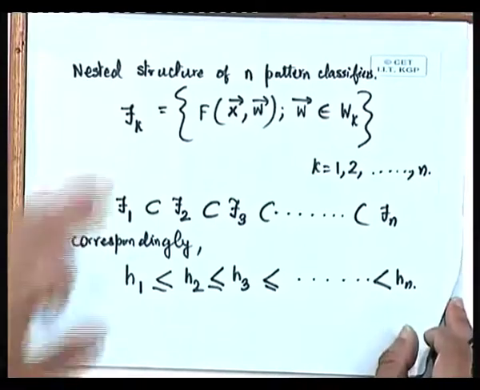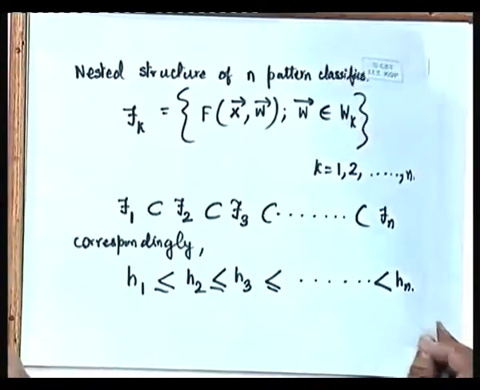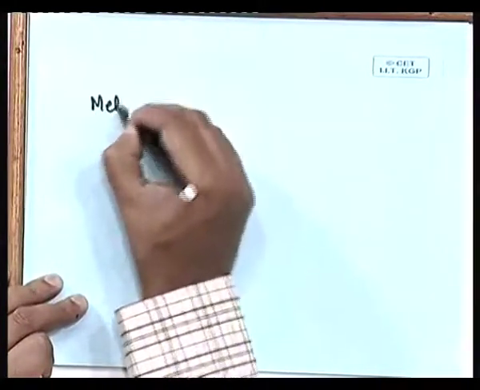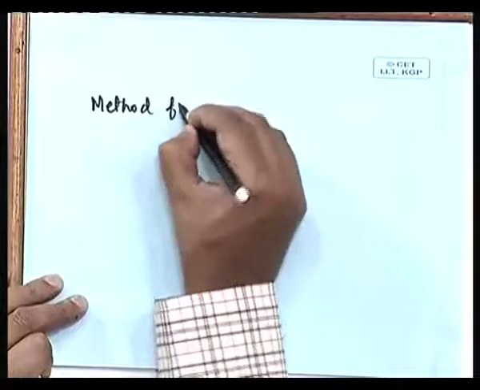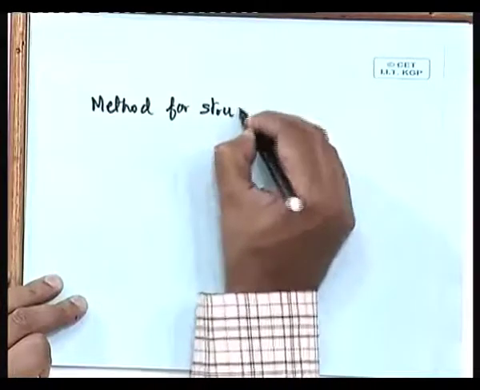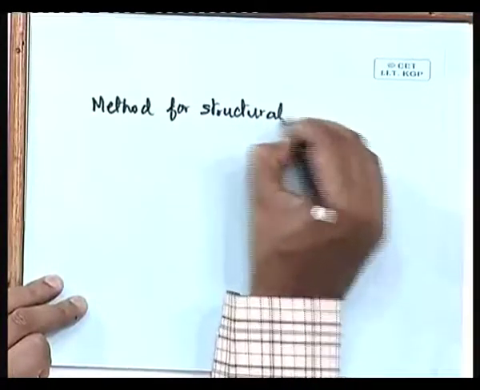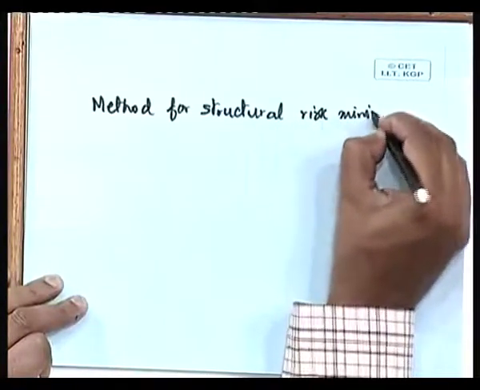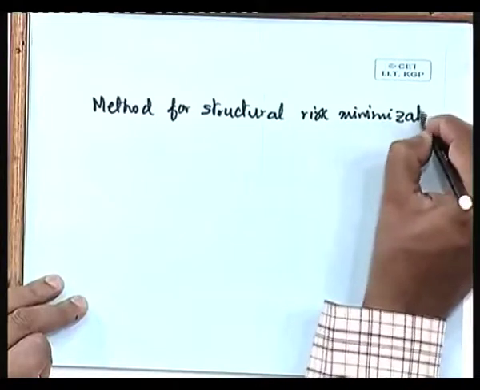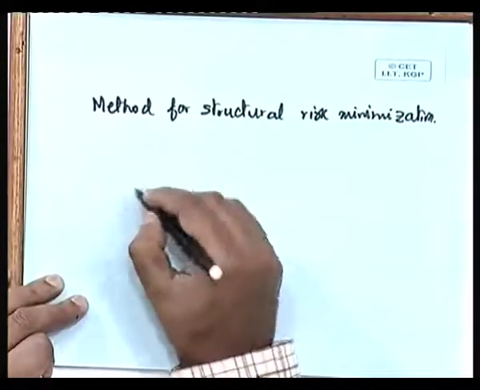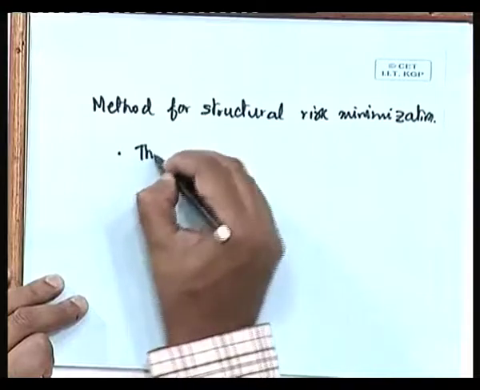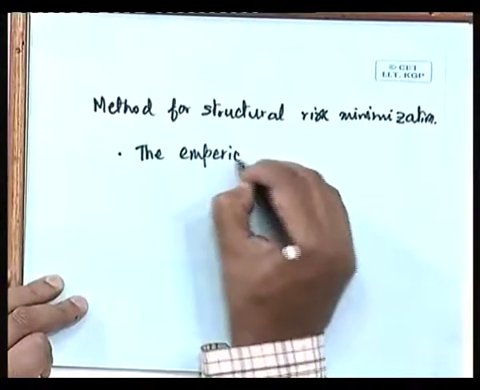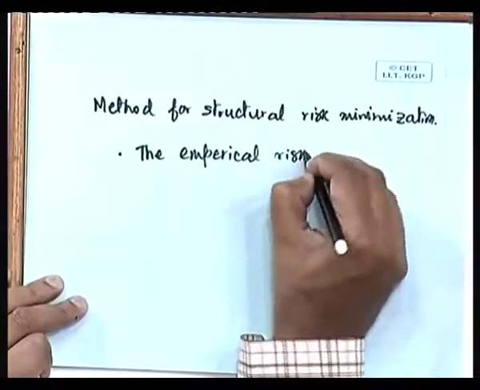So if we consider a nested structure of pattern classifiers like this, then the method for structural risk minimization that we should follow is that the empirical risk, meaning the training error, is minimized for each pattern classifier.